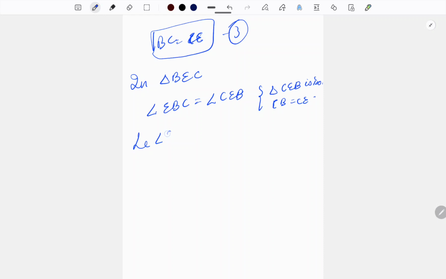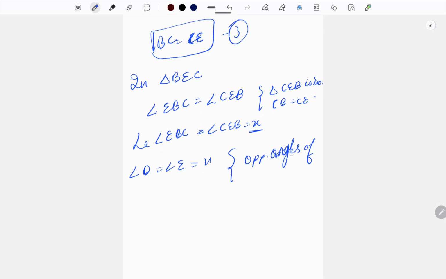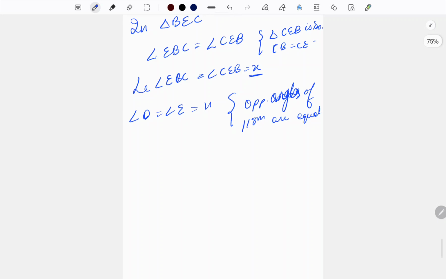Let angle EBC equal angle CEB equal x. We are calling it x. Now angle D is equal to angle E is equal to x. Why? Because opposite angles of a parallelogram are equal.